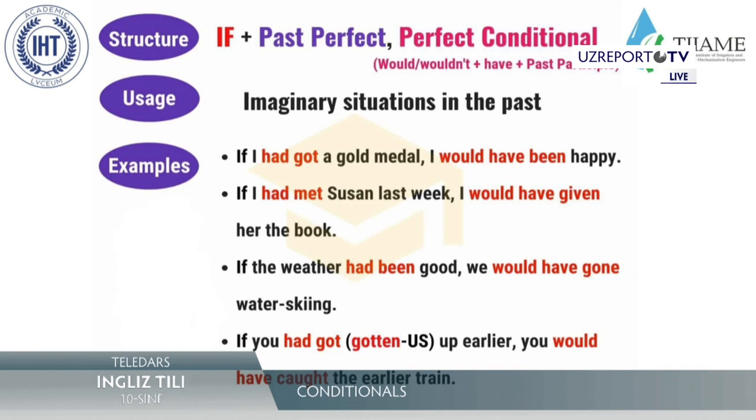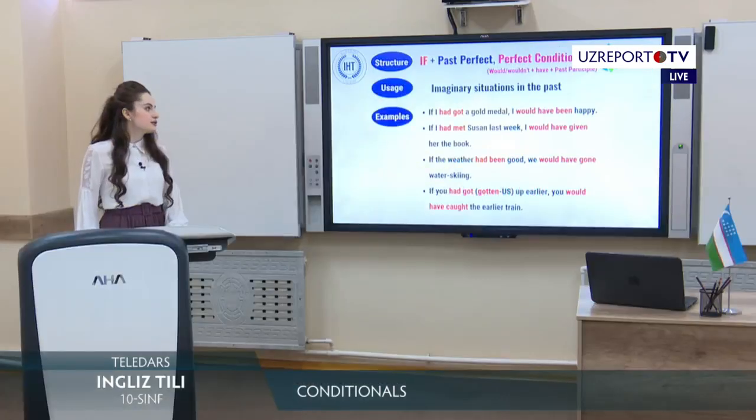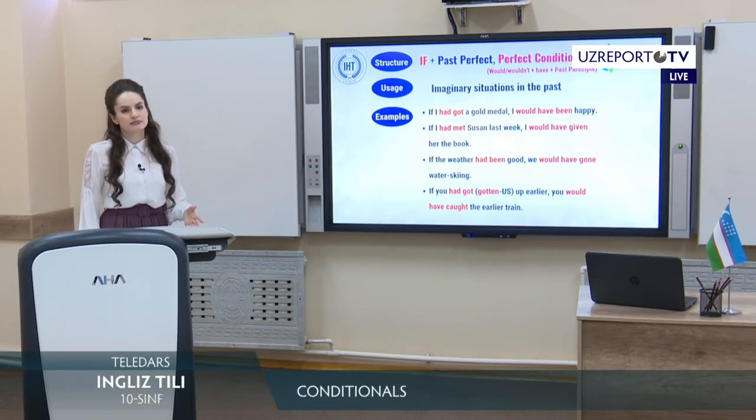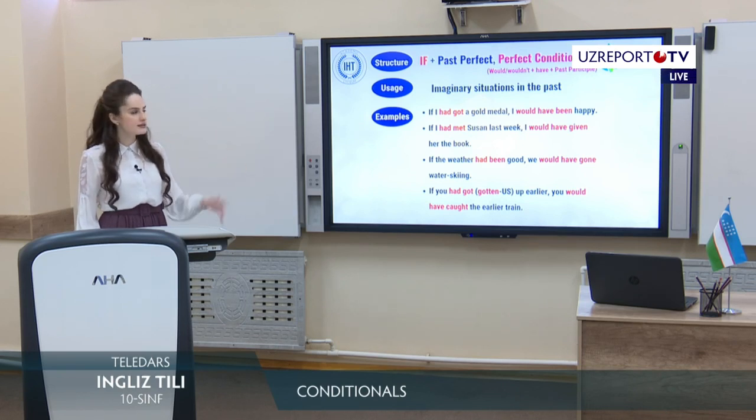Past participle is a verb with ending ed or the third column of irregular verbs. So it's better to say past participle than such a long definition. Well, the usage is imaginary situations in the past, as I said, or our regrets that we cannot change, that we cannot do because it was in the past.